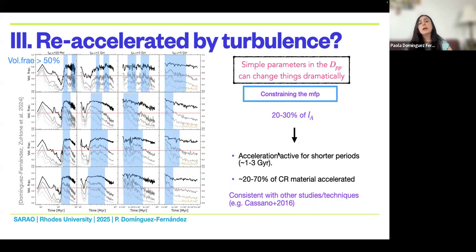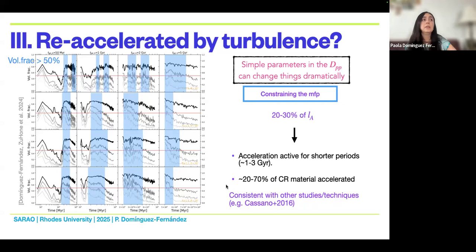I wanted to add finally that these periods of time are also in the ballpark of what one can get with other methods, namely looking at the radio spectrum.